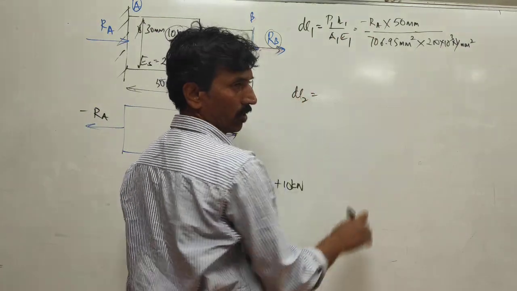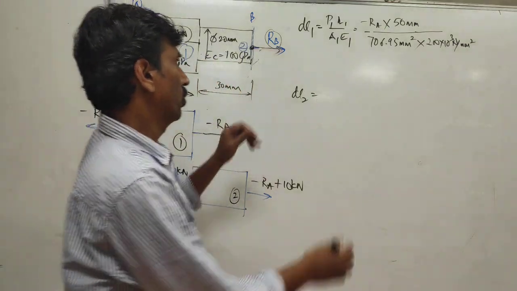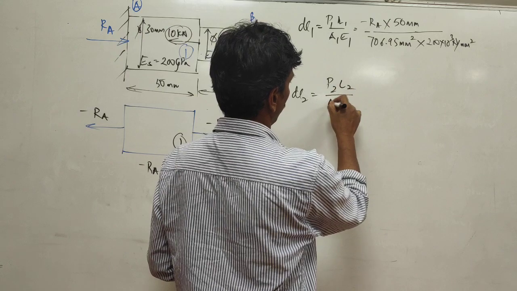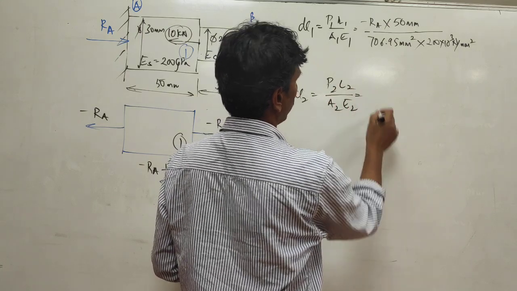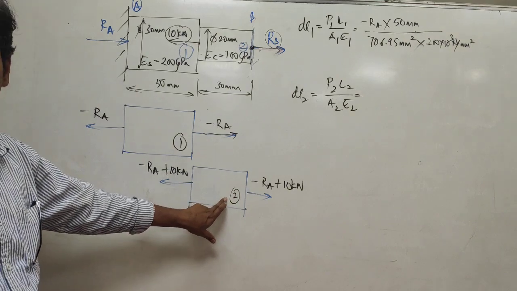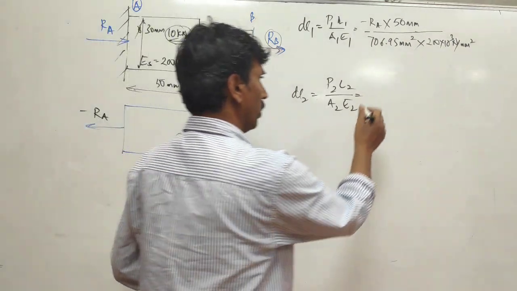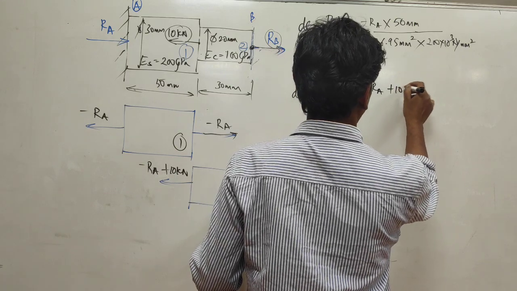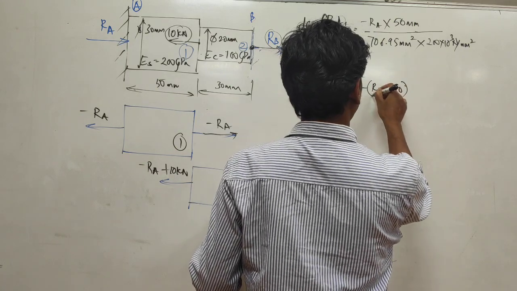DL2? DL2 is similarly P2 L2 by A2 E2. So what is the load on section 2? Minus RA plus 10 kilonewton.